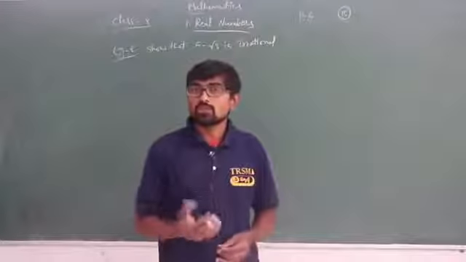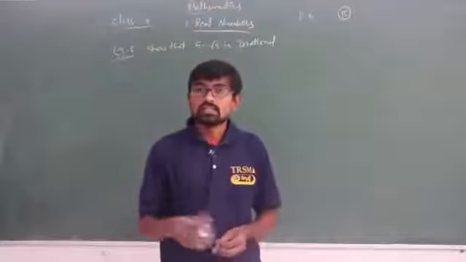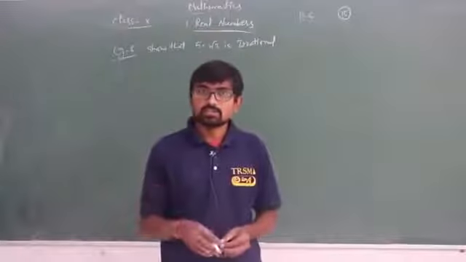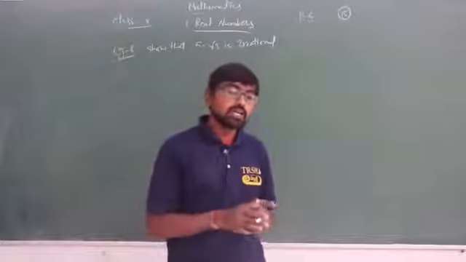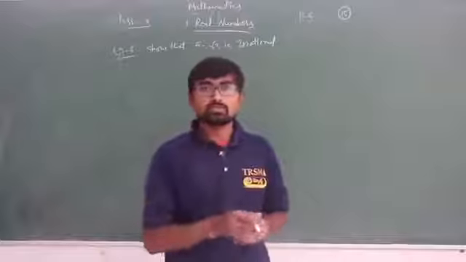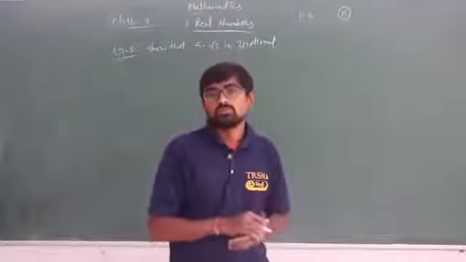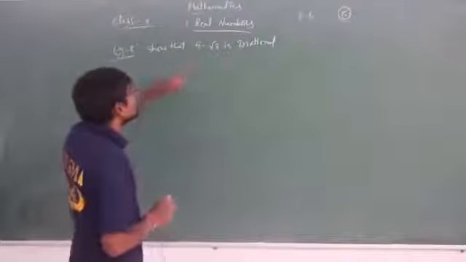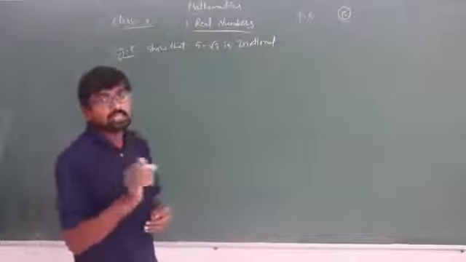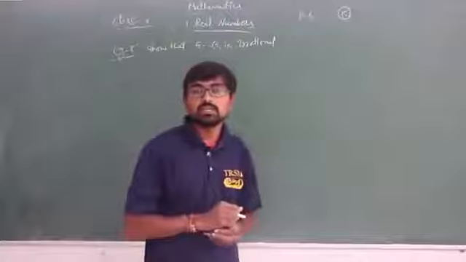We also did general examples in our previous class. So here we are saying 5 minus root 3 is an irrational number.